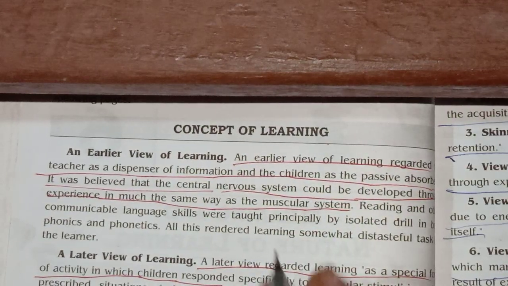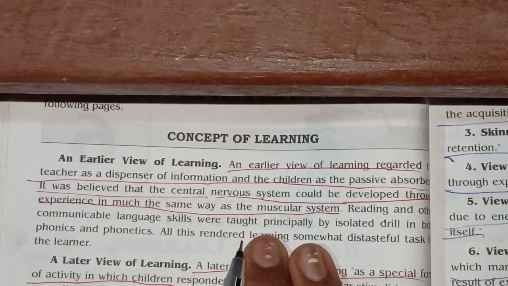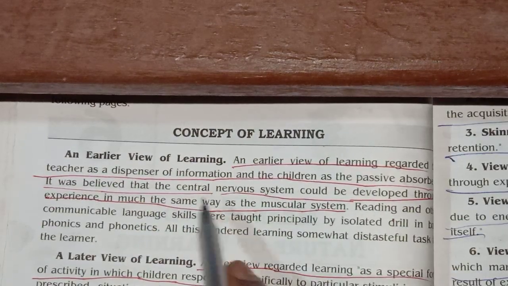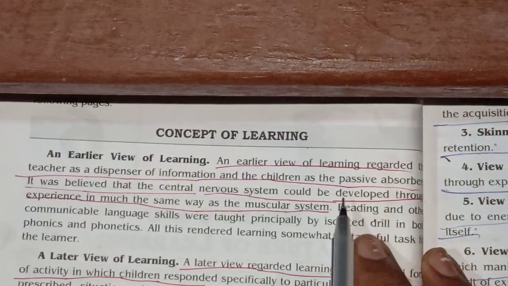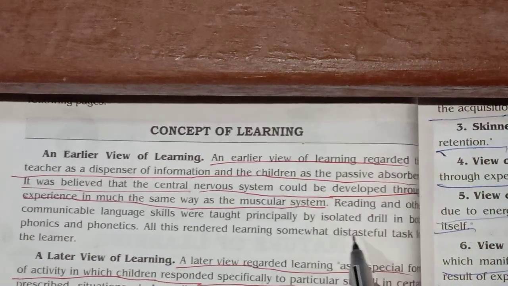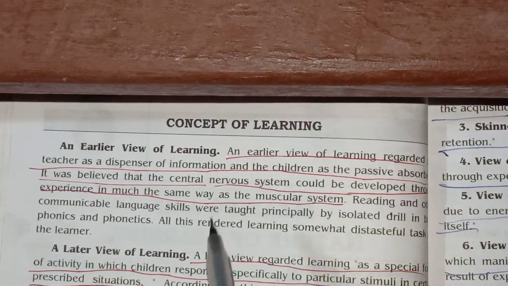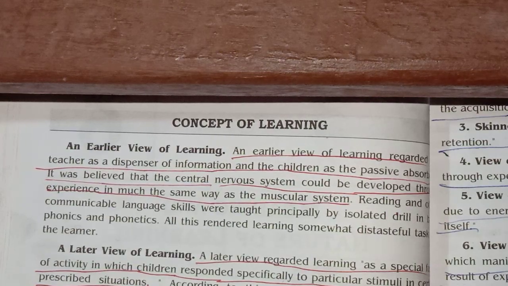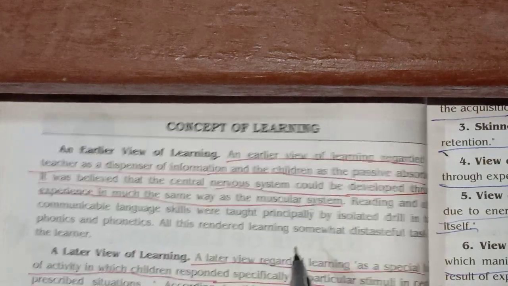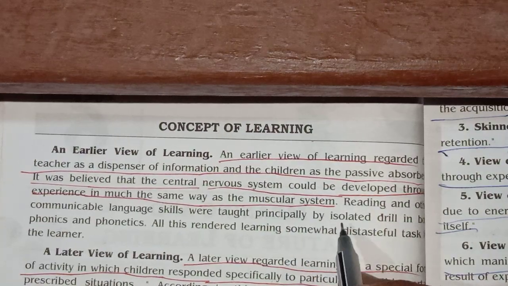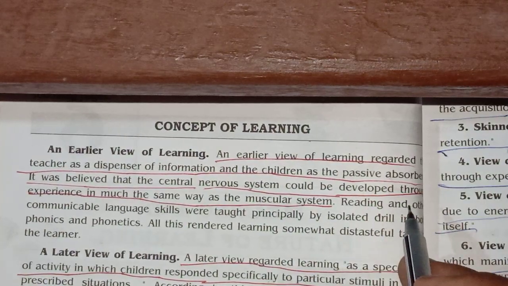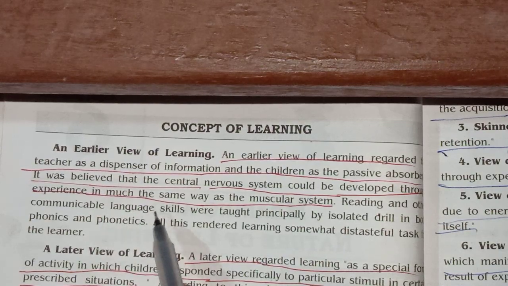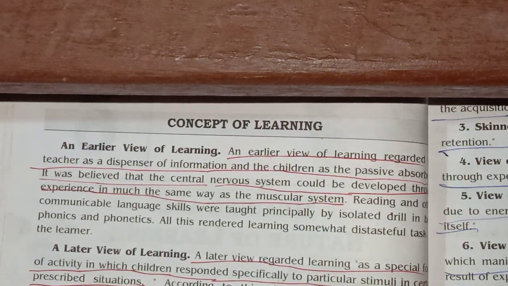In the earlier view of learning, it was thought that the teacher is the dispenser of information and children are passive absorbers of that information, and it was believed that the central nervous system can be developed through experience in much the same way as the muscular system.